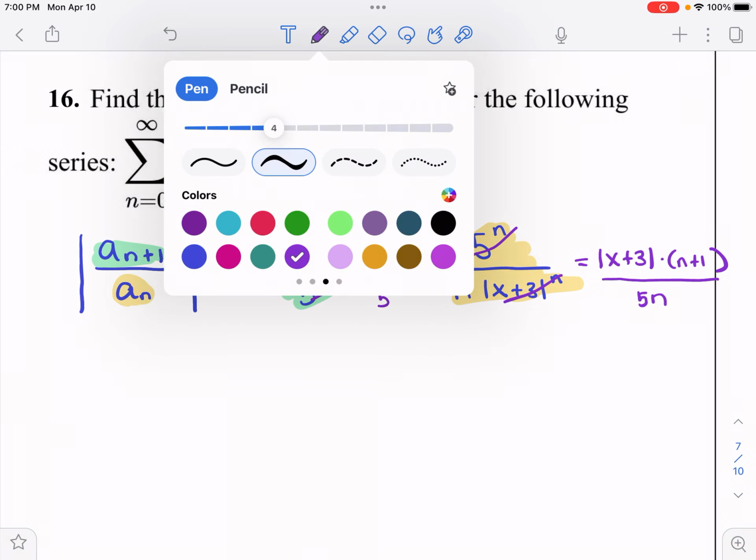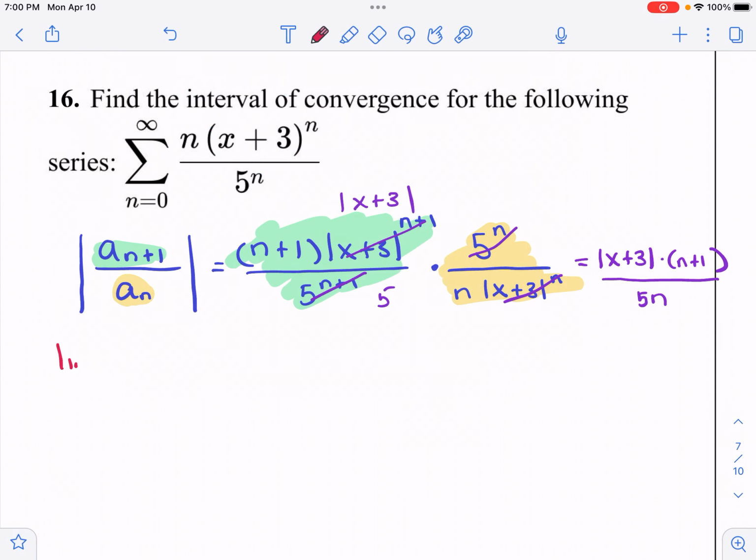Okay, so now we take the limit as n goes to infinity of this expression. So I'm separating it in a way I think will make the limit easier to compute.